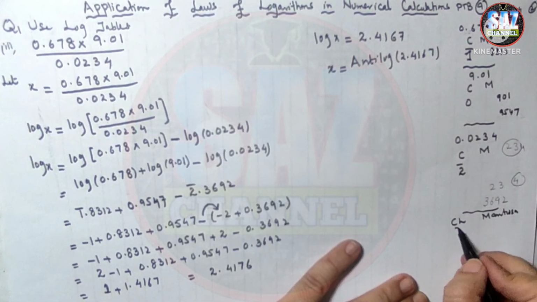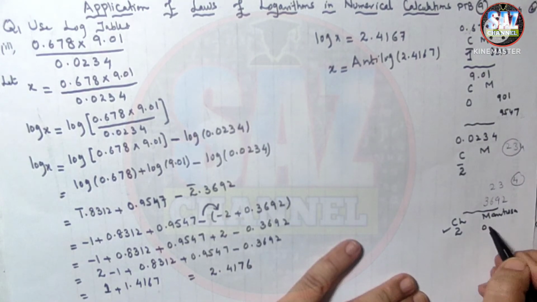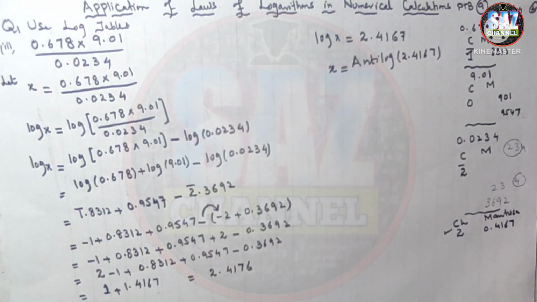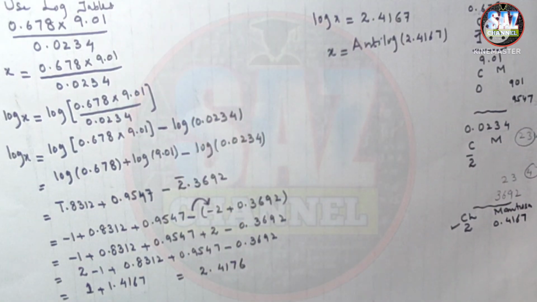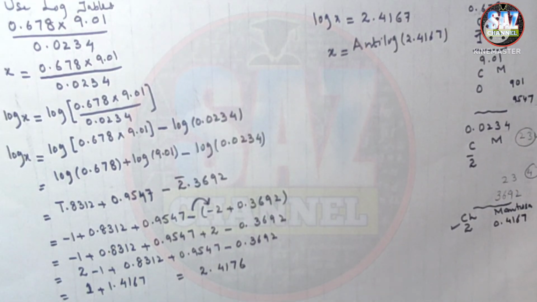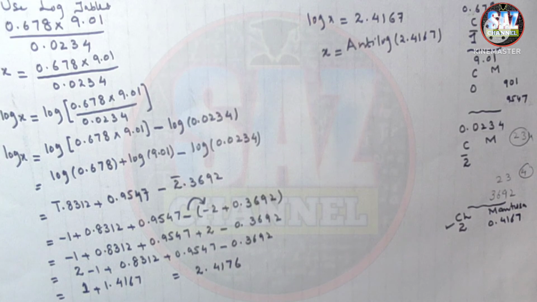So what is the role of the characteristic in antilog, and what to do with the mantissa 4167? First of all, I have to locate 0.41. Let me go to the table of antilogs. Yes, 41 has to be located in the column of 6. This is 4, 5 and 6. I hope this is 2600.